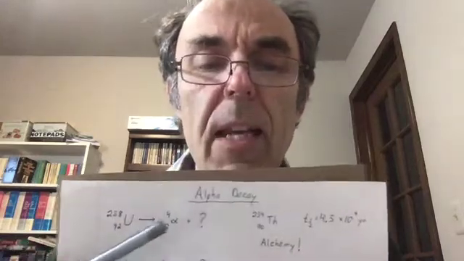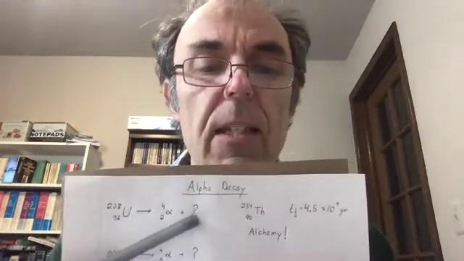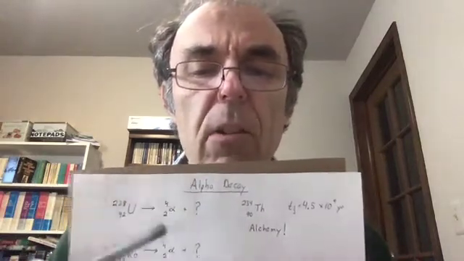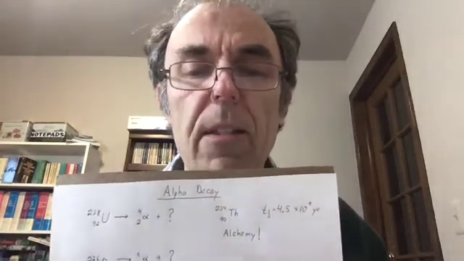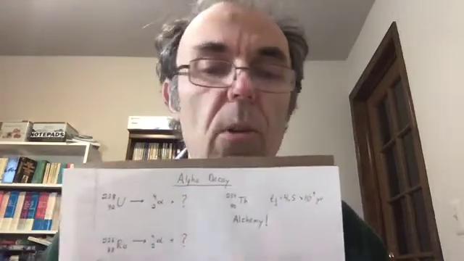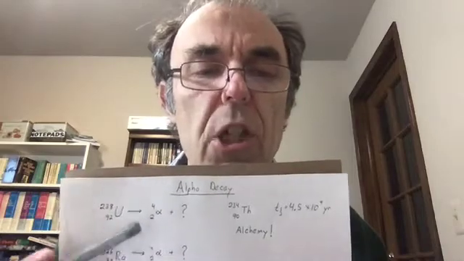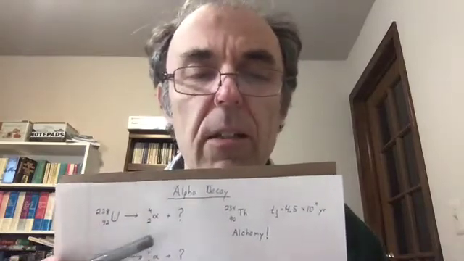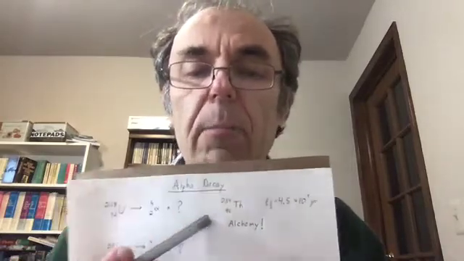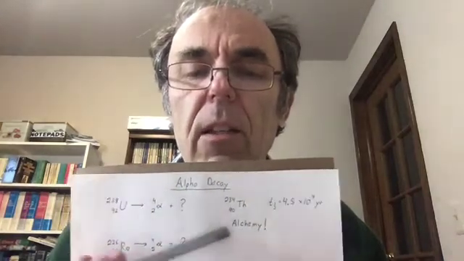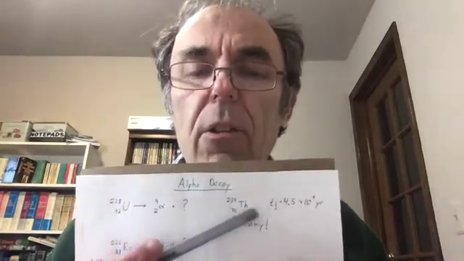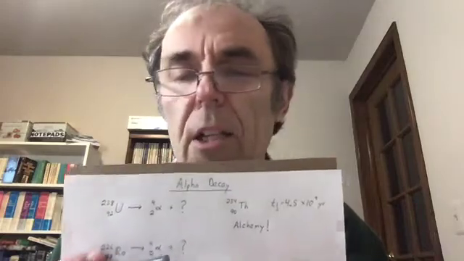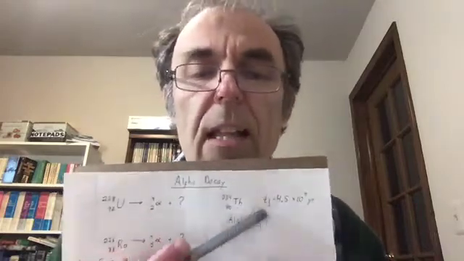Now, what's so amazing about this process is that it is almost a type of alchemy. If you remember, chemists often try to do a lot of chemical reactions, but you can't change one element to another by chemical reactions. But during the Middle Ages, there was a lot of attempt to change one element to another, change lead into gold, for instance. And that was called alchemy.